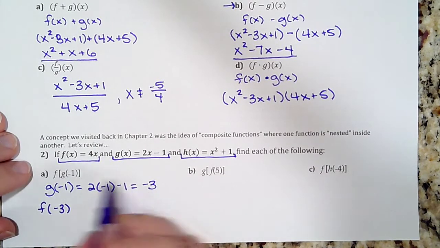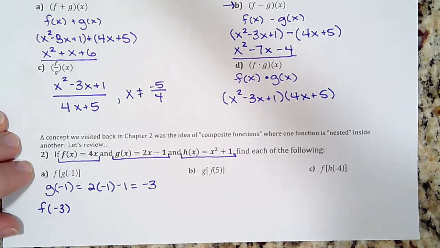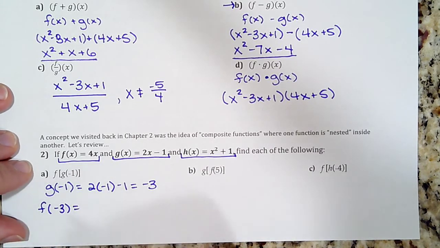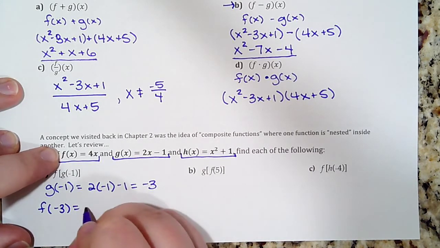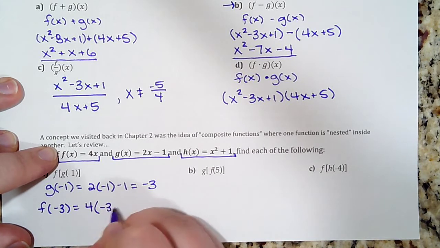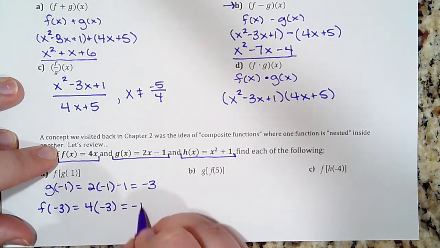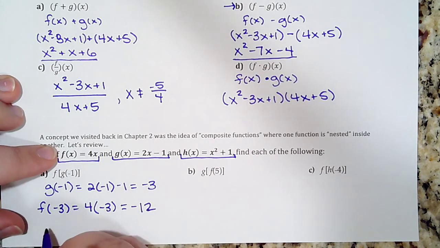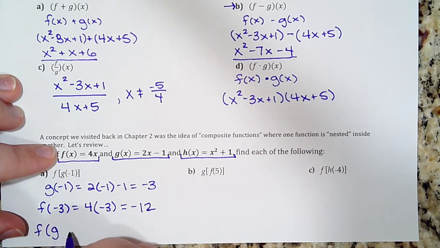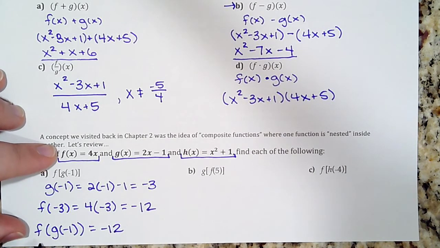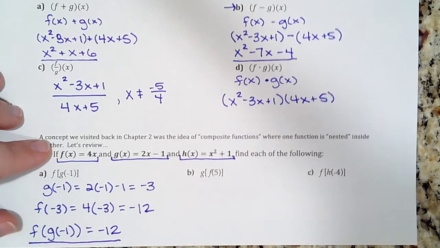That kind of replaces what is inside. Now that we have that, we're going to use our f of x function. 4 times negative 3 is equal to negative 12. So our final answer for f of g of negative 1 is negative 12. And that is your final answer that I would expect you to circle.